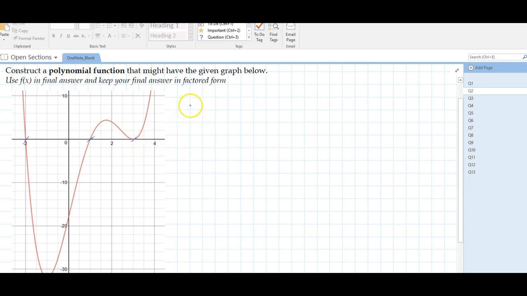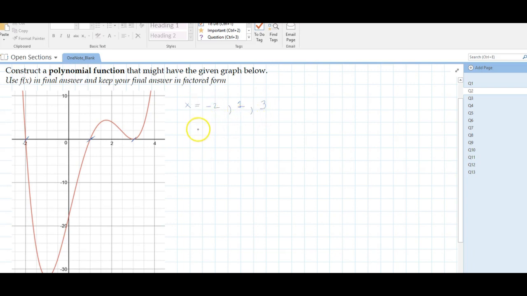Our x's are going to be negative 2, 1, and 3. Those are our real zeros.